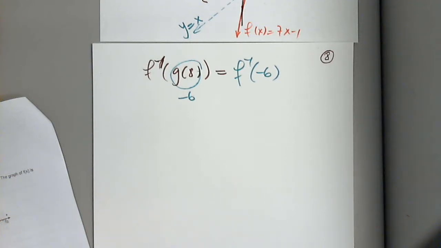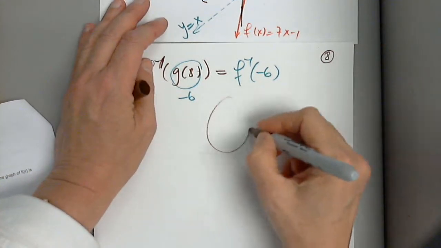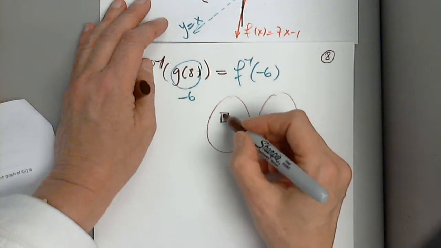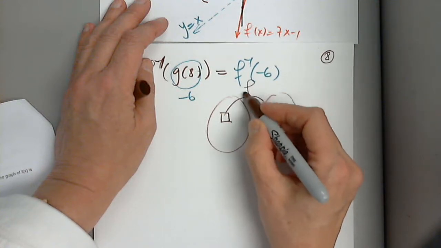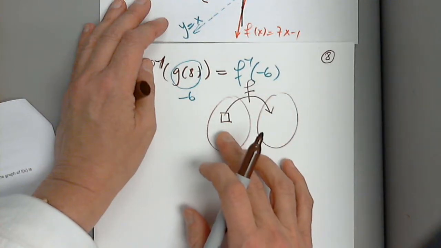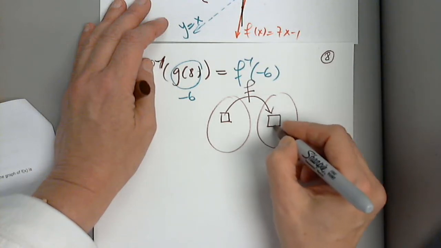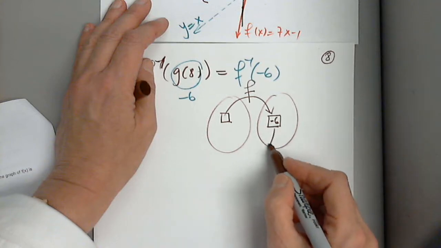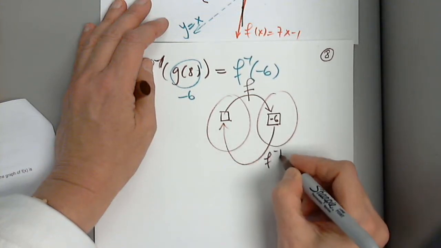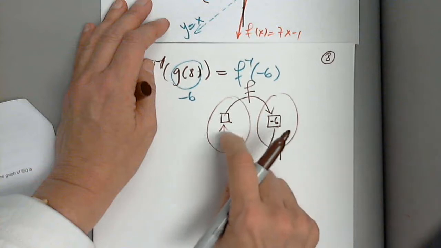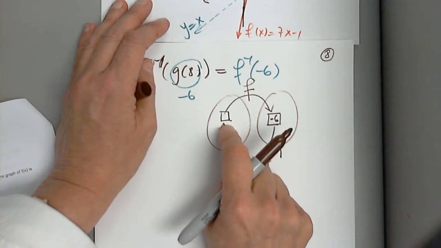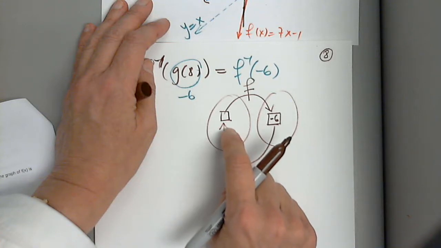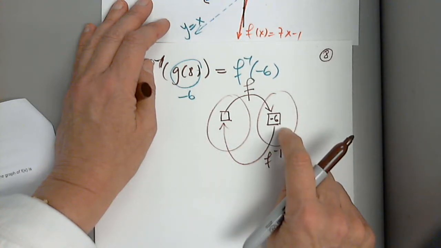No. So now let's think. There is some number that the function f, when applied to it, will have to return -6. Because what I'm interested in is applying f inverse to -6 and getting that number back. So the function is applied to whatever, and the result is -6.